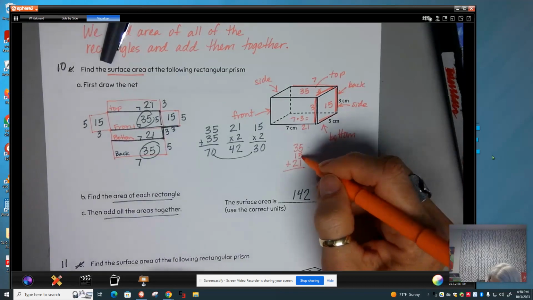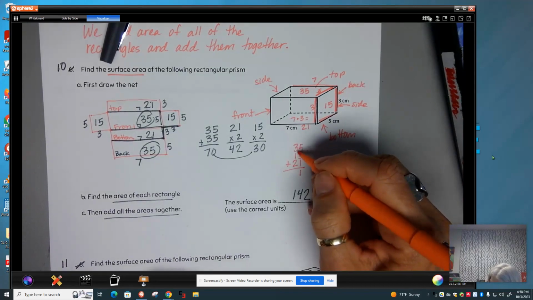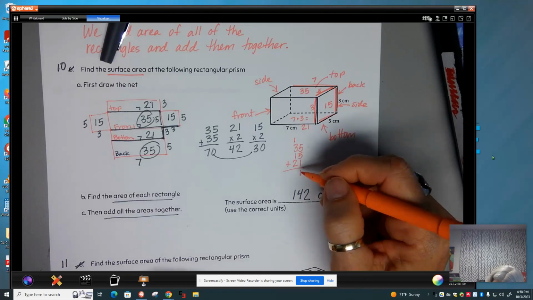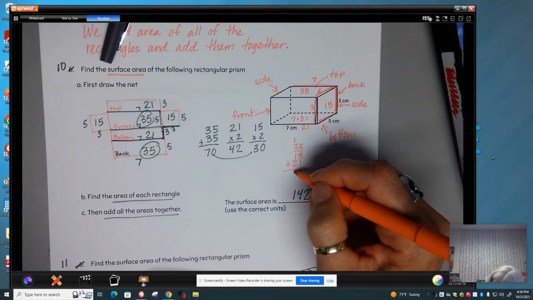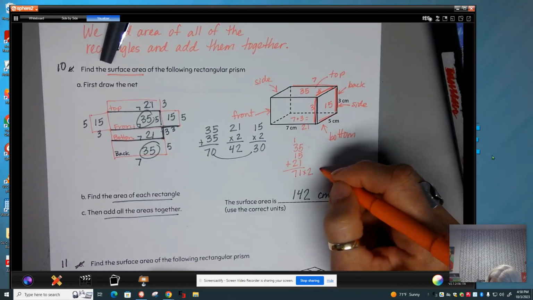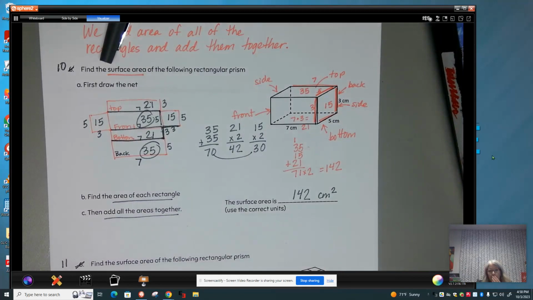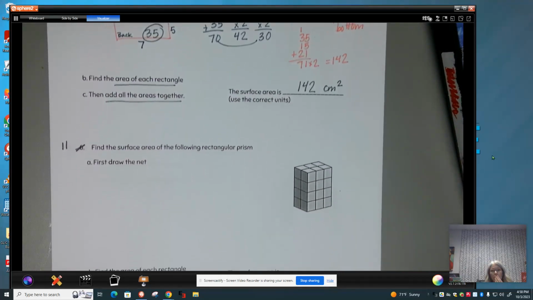You could add all that. And then times it by 2, which gives you 142, because you need 2 of everything. All right.